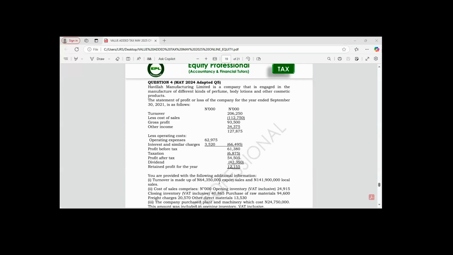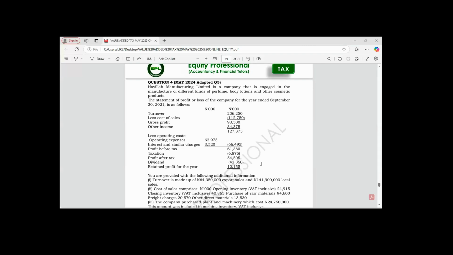But the major reason is that in Nigeria, we adopt what is called a destination principle. That means anything that goes out of Nigeria is not going to be consumed in Nigeria, so it's not going to be liable to VAT. So only the local sales, 141,900, will be liable to VAT.